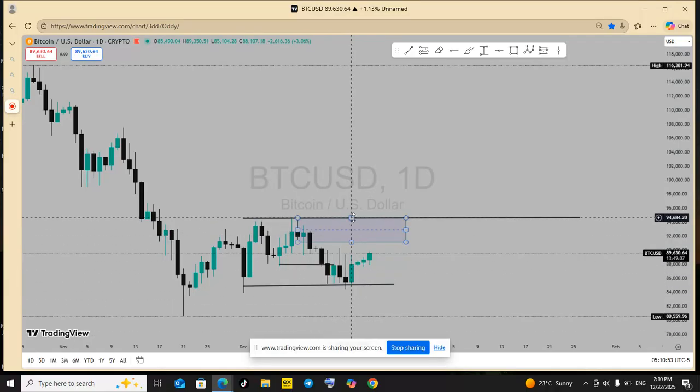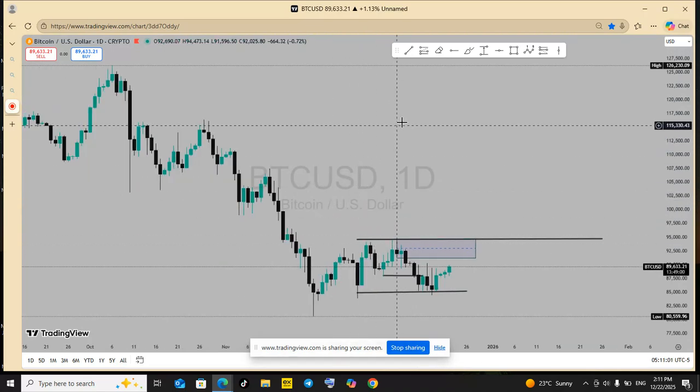But if it breaks here, then expect the price to continue to the upside. We are now in ICT.